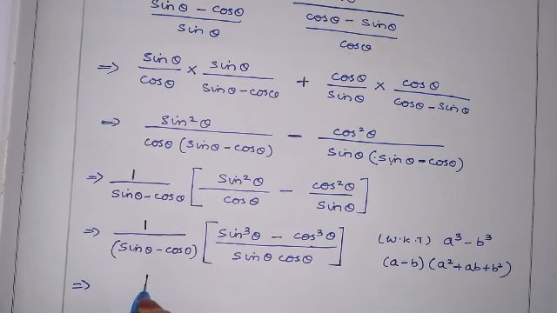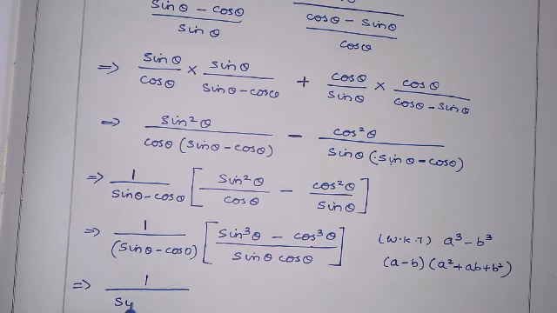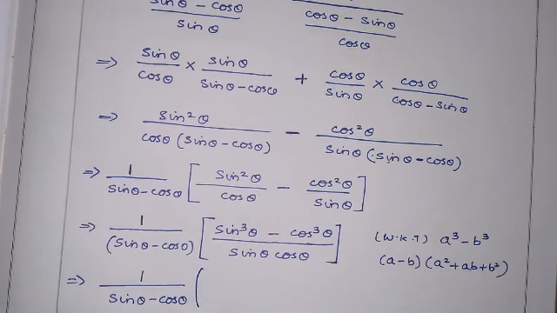So let us write the formula here. This I'll keep as it is, 1 upon sin theta minus cos theta outside.